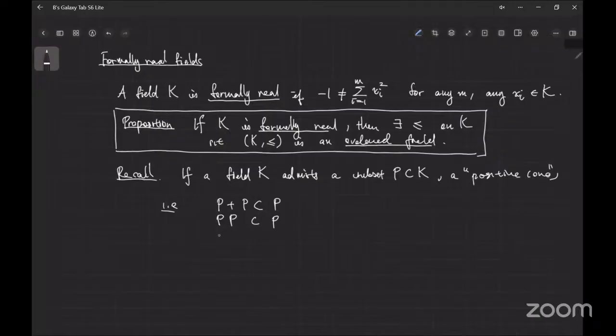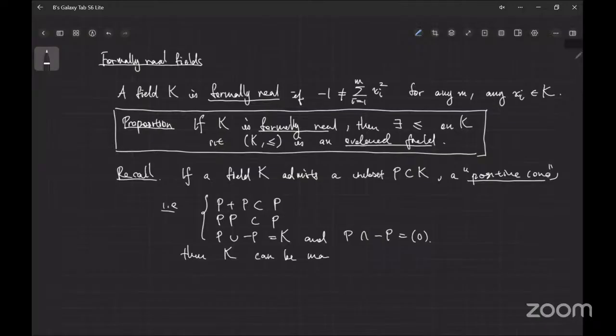Oh, I just realized I forgot to prove something, but hopefully we'll come to that. And P and negative P intersect at 0.